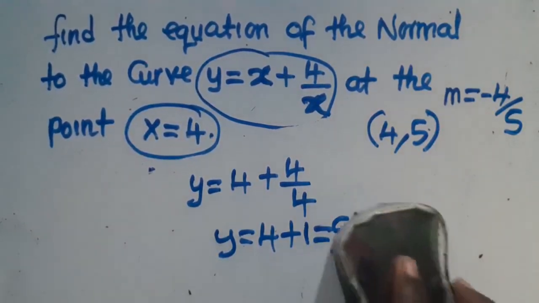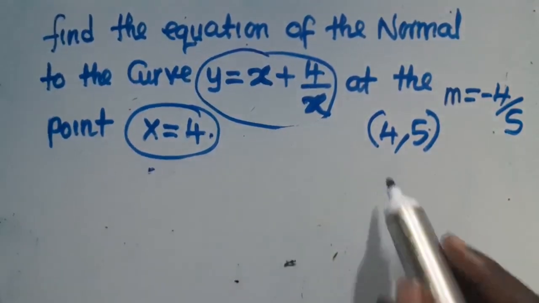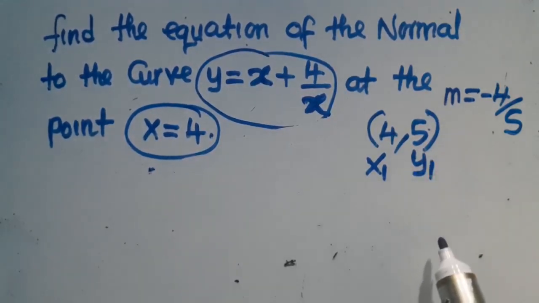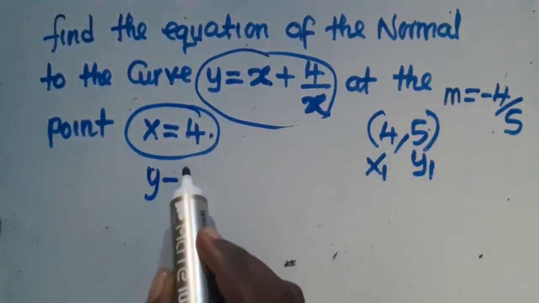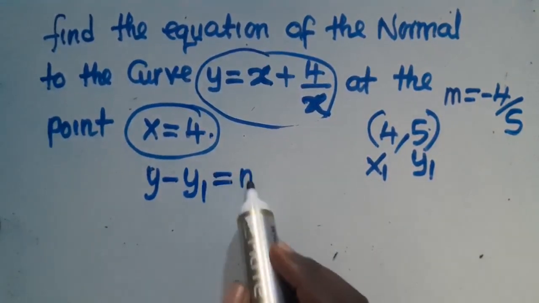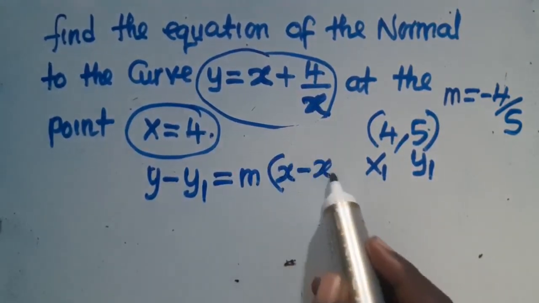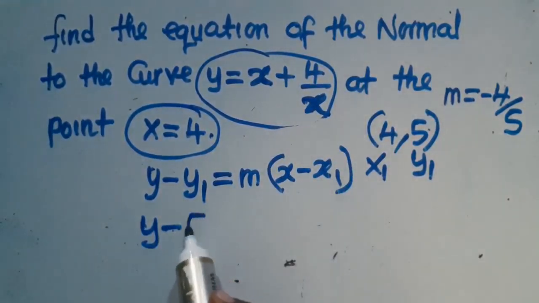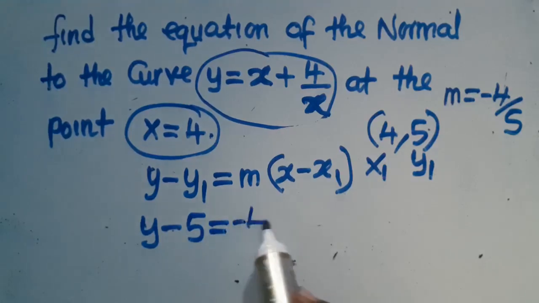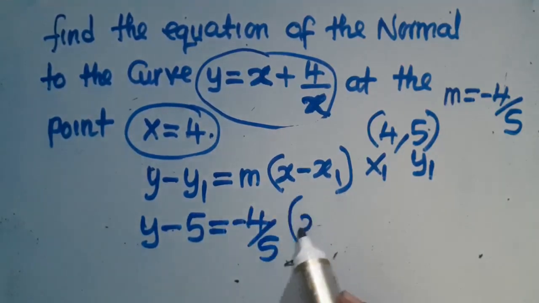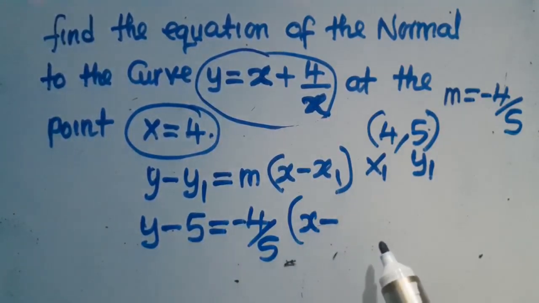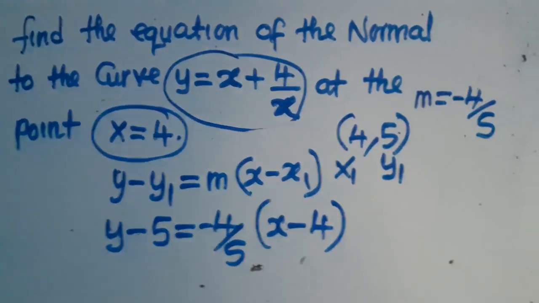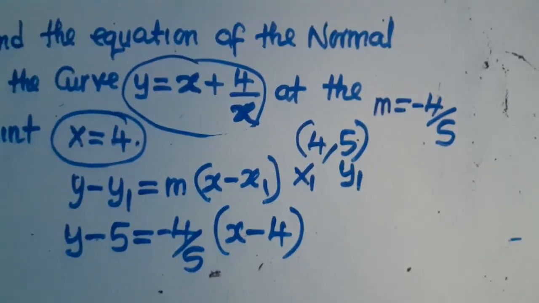With this coordinate, I just substitute in the formula y minus y1 is equal to m times x minus x1. You say y minus y1, which is 5, equals the gradient negative 4 over 5 times x minus x1, which is 4.